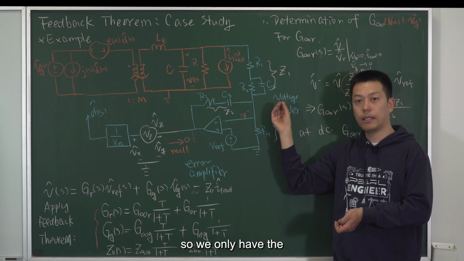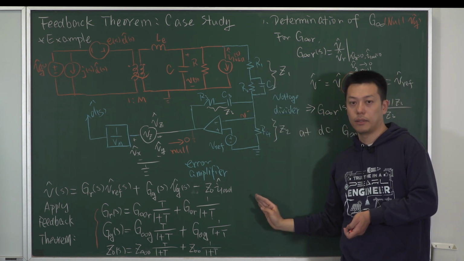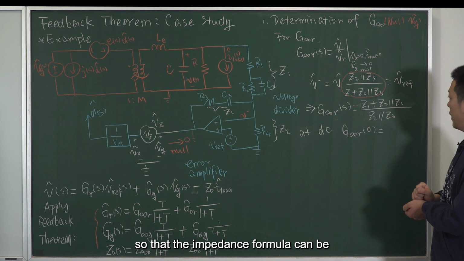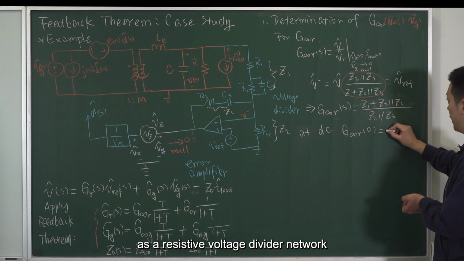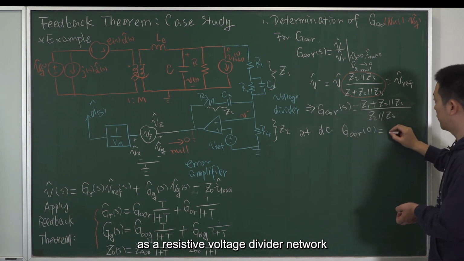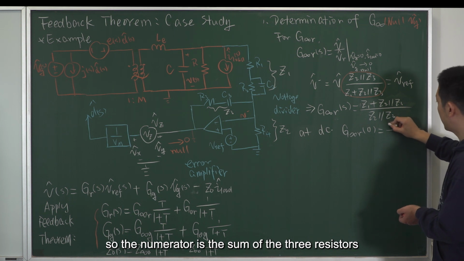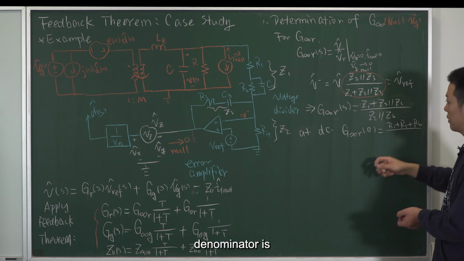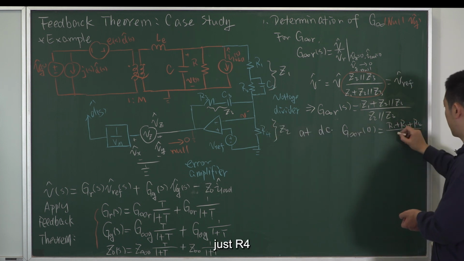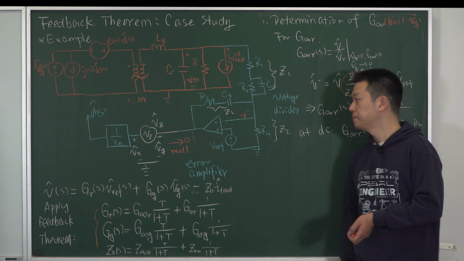We only have the resistor parts in this branch, so the impedance formula simplifies to a resistive voltage divider network. The numerator is the sum of the three resistors, R1 plus R2 plus R4. The denominator is just R4, because in DC the capacitor is open circuit.